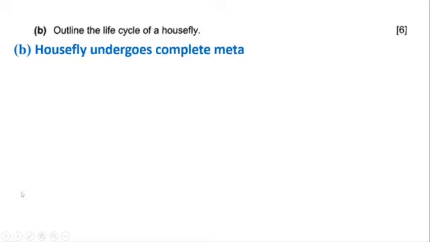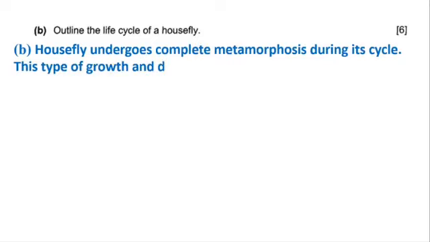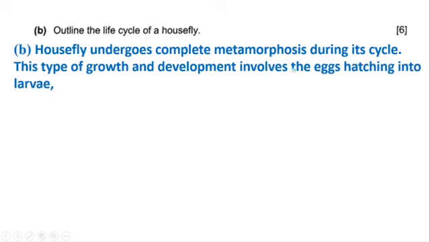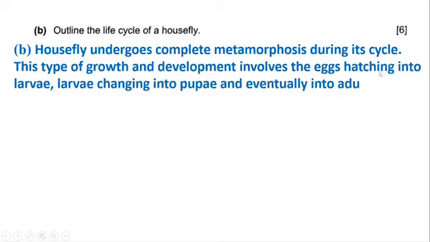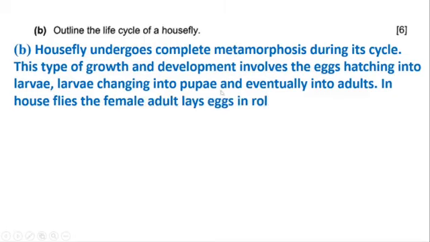We can write our answer in essay form, saying: housefly undergoes complete metamorphosis during its cycle. This type of growth and development involves the eggs hatching into larva, larva changing into pupa, and eventually into adults.